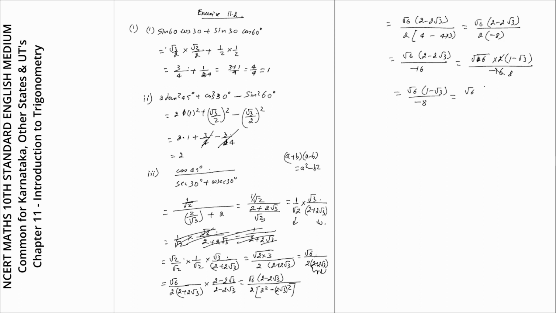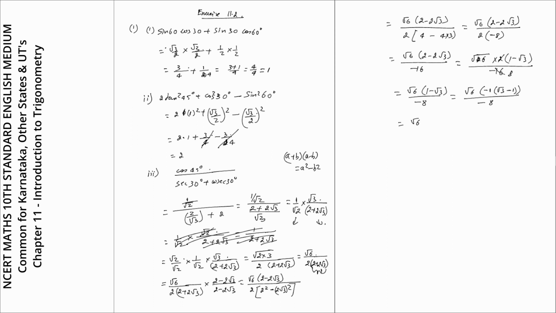So here I'll take minus 1 as common factor. If I take minus 1 as common factor, I'll get root 3 minus 1, by minus 8. Now minus minus will get cancelled, so I'll get root 6, minus in the numerator and minus in the denominator will get cancelled.